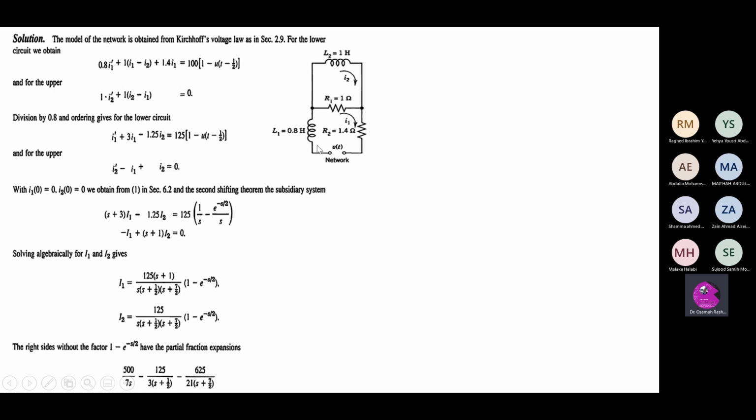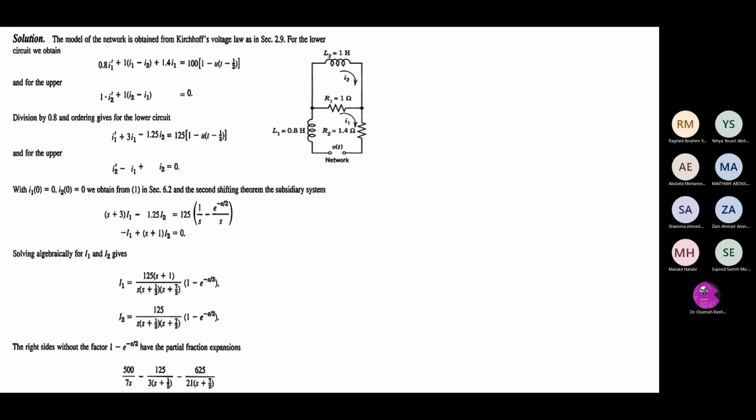But it is not working forever, it is working for half a second. So I will have this 100 when it starts, and I switch off after half a second, so I have to multiply this 100 by u of t minus half. Again, the source here is DC, of course, because it is 100, no sine or cosine function, so it is not alternating.